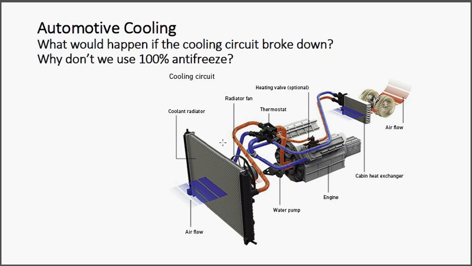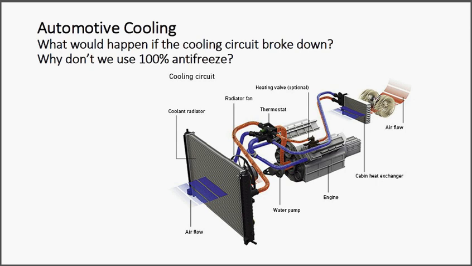So that's the concept of the radiator, and everything that's in there is just water and a little bit of antifreeze. Again, as I mentioned before, these pipes are made of rubber, so you've got a lot of rubber in your automotive cooling system, and the rubber would go quite fast if you used antifreeze only, so it would not last its lifespan.